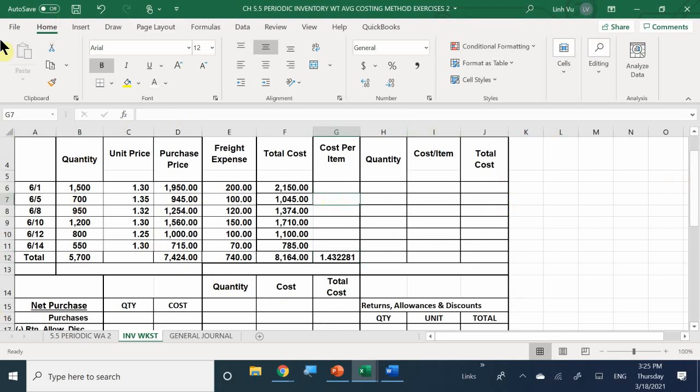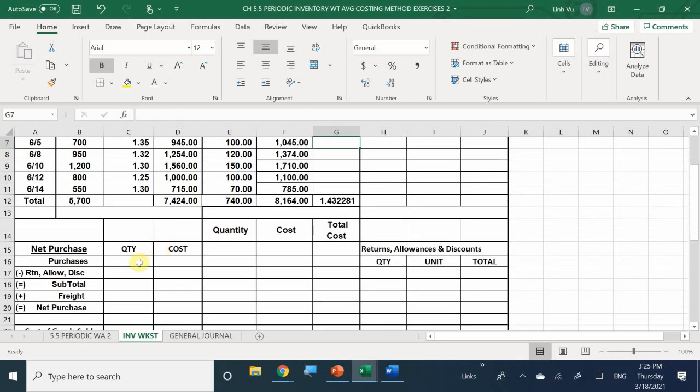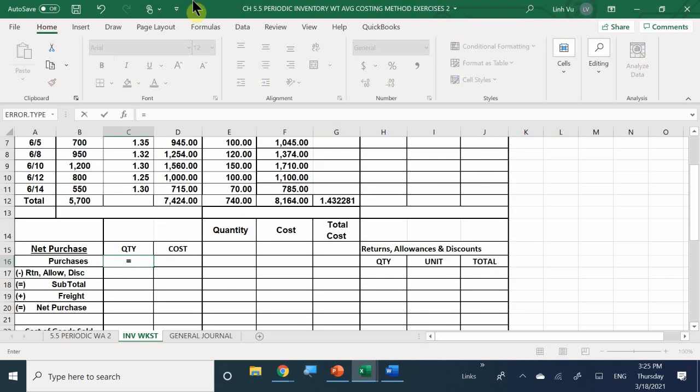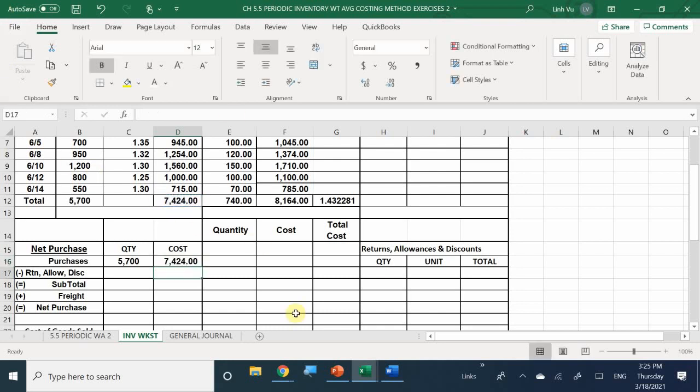Okay, so let's go ahead and plug in our numbers. For our purchases, how many items did I purchase? 3,700. Good. And what was the total purchases price? 7,424. Good. Once again, we have no returns or allowances, so this should stay the same.